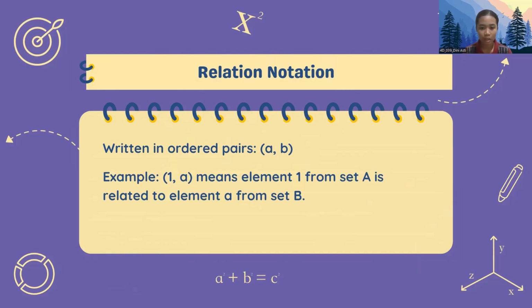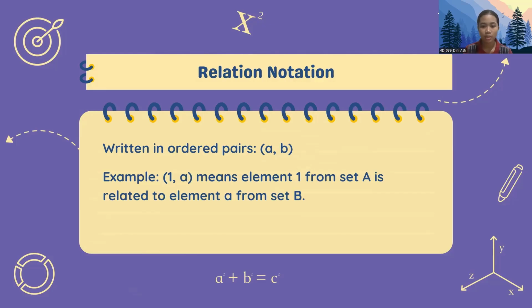In relation notation, we write this as ordered pairs.